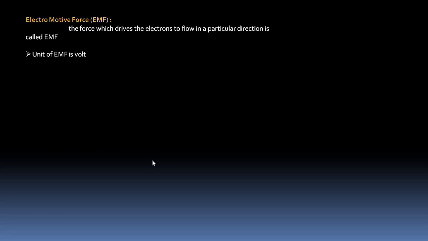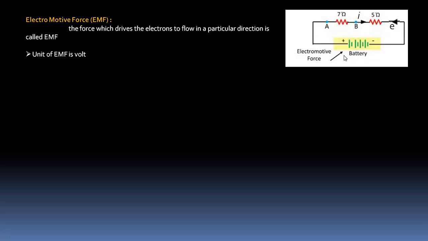Next we will see the EMF. EMF is electromotive force. As the name indicates, it motivates the electrons to flow in a particular direction. EMF is the force which drives the electrons to flow in a particular direction. In this circuit, the battery is the EMF.